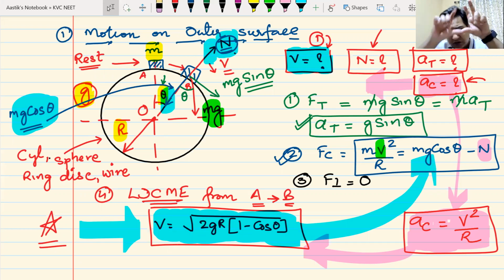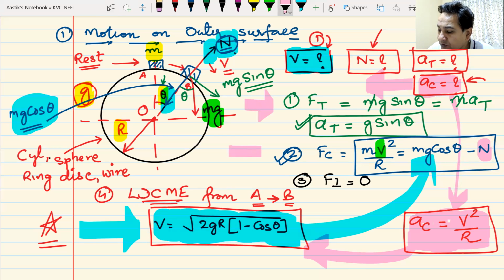Just find the value of cos of this theta, the vertical angle, and you should be able to find out the velocity. And if you know equation number 1, equation number 2, which we have done so many times, and equation number 3, you should be able to find out all the unknown quantities.